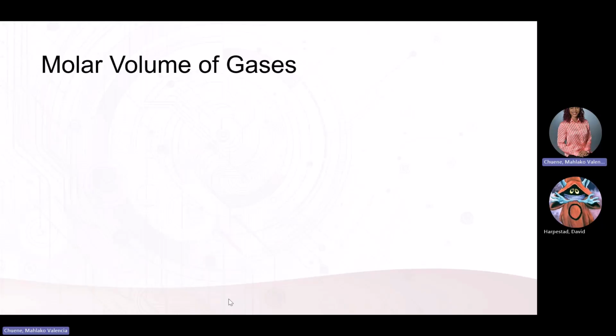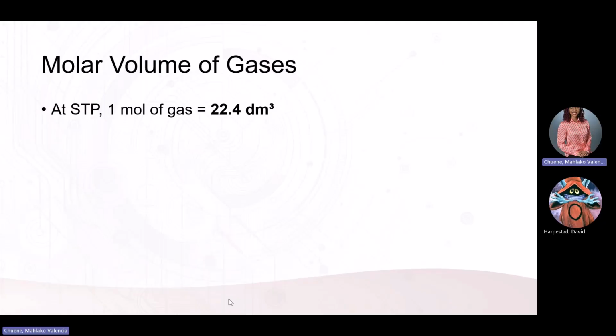Now, let us start with the first concept, which is the molar volume of gases. With the molar volume of gases, we are told that at standard temperature and pressure, which we call STP, 1 mole of gas equals 22.4 decimeters cubed. So this is a standard unit that we need to know.